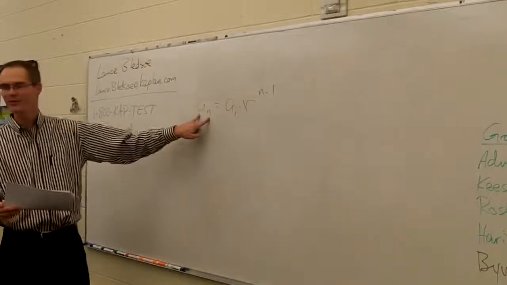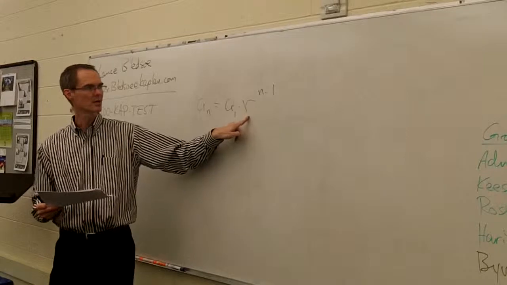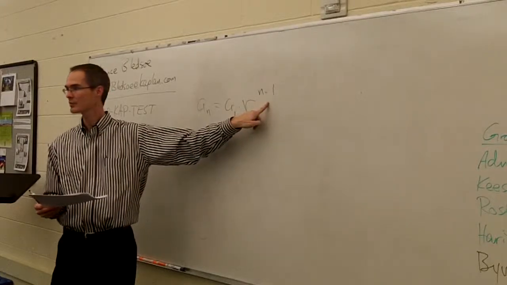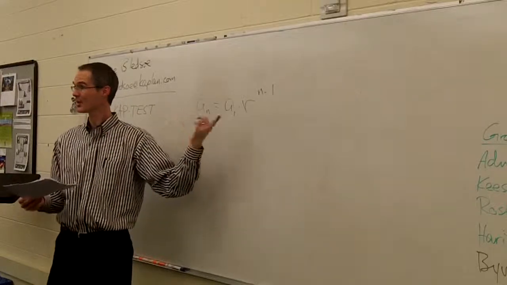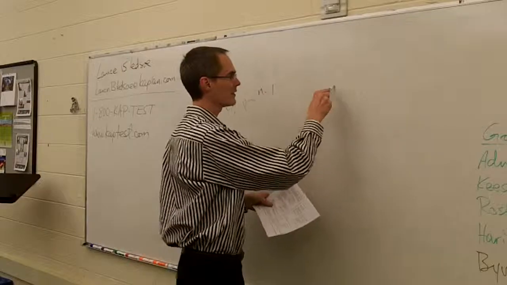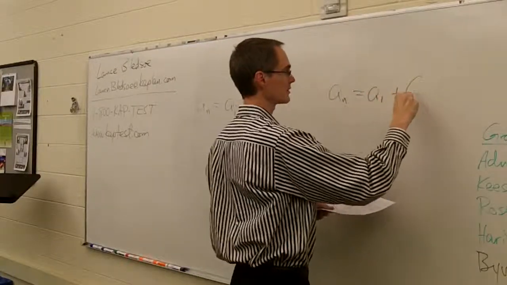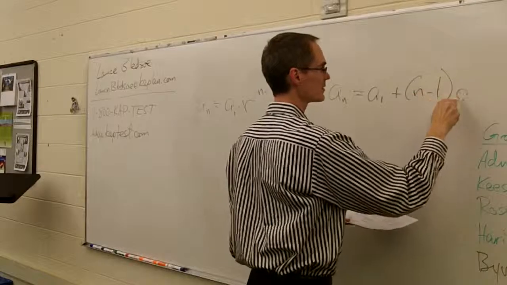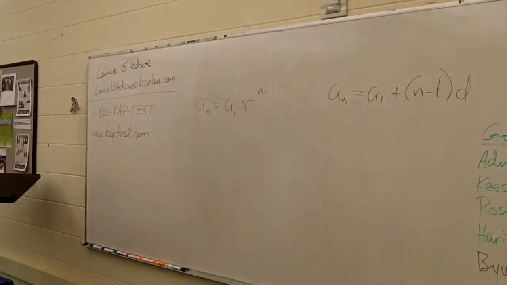In other words, the nth number in a geometric sequence is the first number times your ratio to the n minus 1 power. Again, I find it's rare on SAT problems that you need this formula. But there it is for what it's worth. And then the arithmetic sequence is a sub 1 plus n minus 1 times d, and d is the difference. All right, so if you happen to be a formula kind of person, there's your formulas.